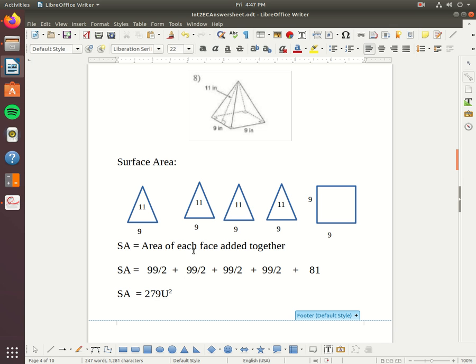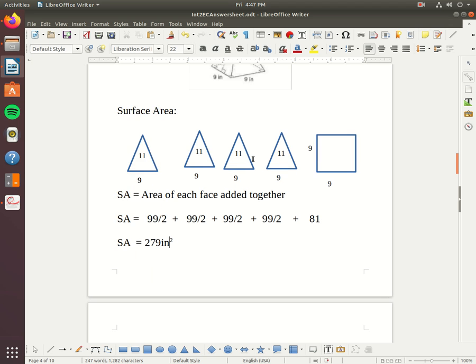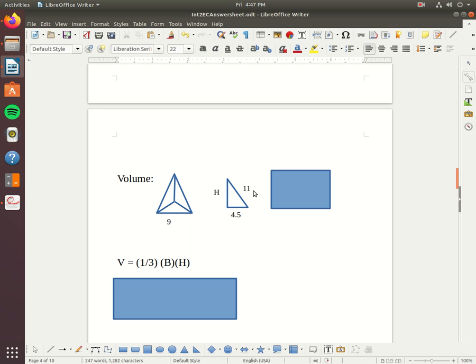I probably should have put inches squared, but whatever. I just want you to know that it should be squared. I feel like I should change that to inches. Anyway, moving along.